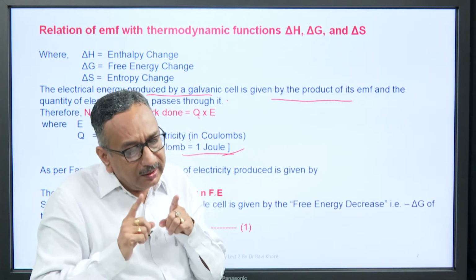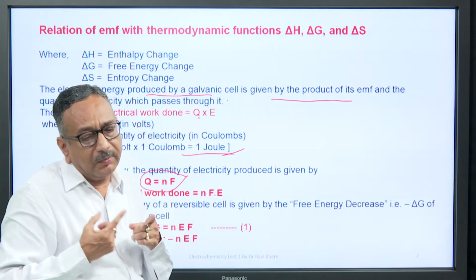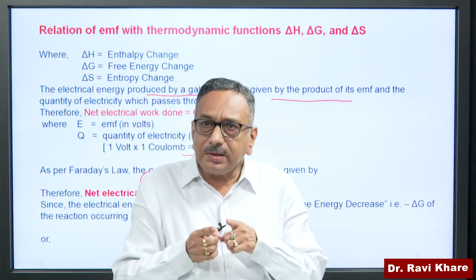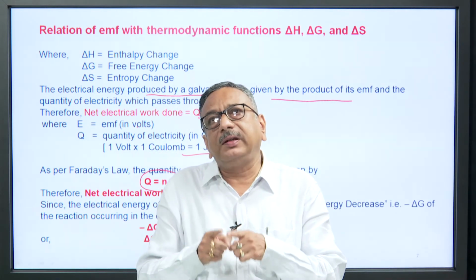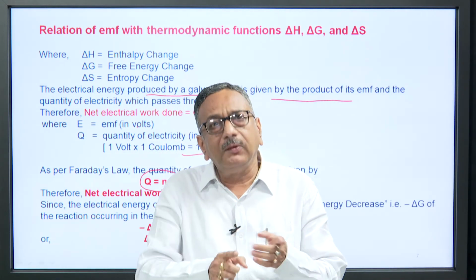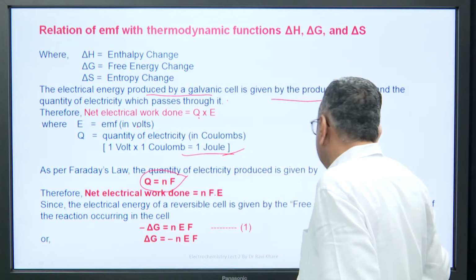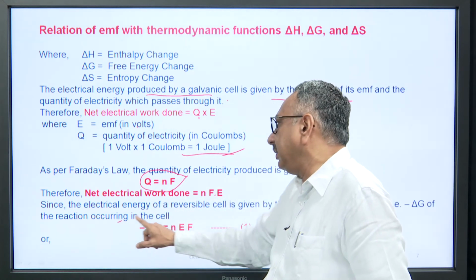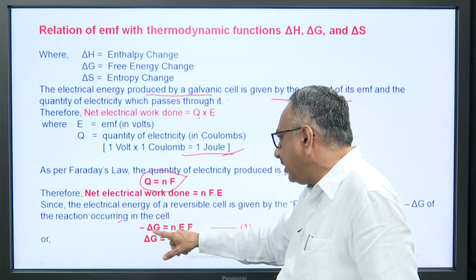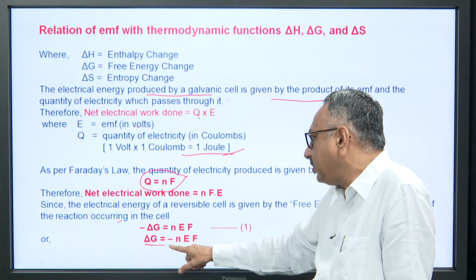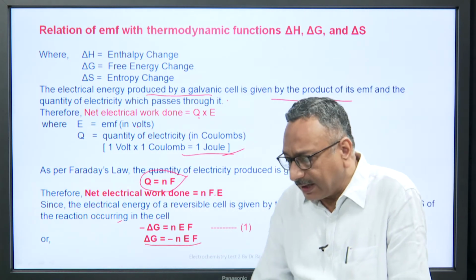Since the electrical energy of a reversible cell is given by the free energy decrease, you have to represent it as minus delta G of the reaction occurring in the cell. Therefore, minus delta G is equal to nEF, or you can write delta G is equal to minus nEF.